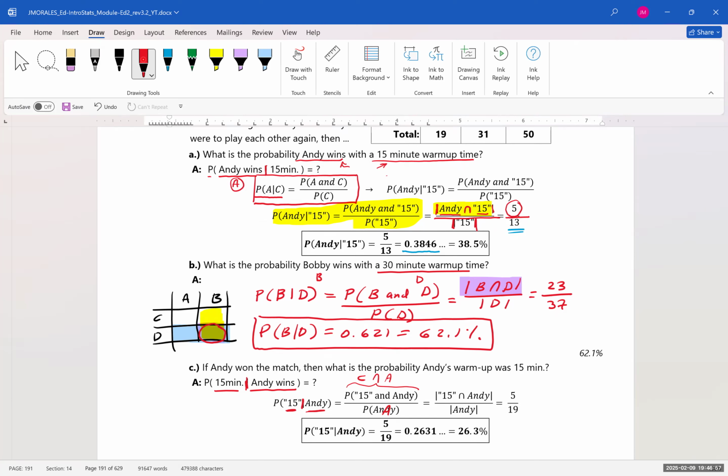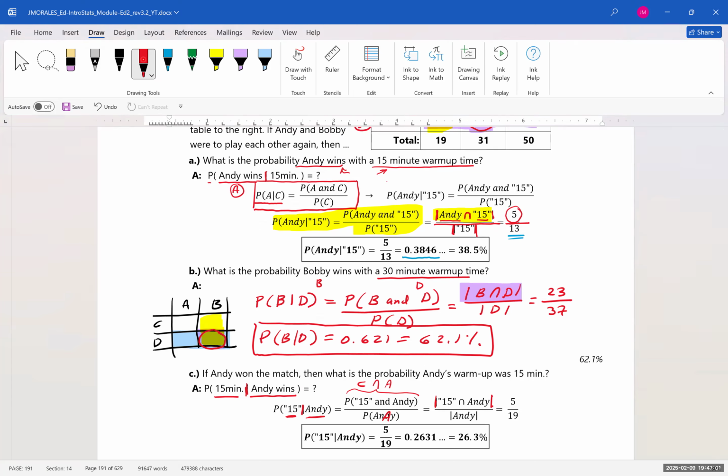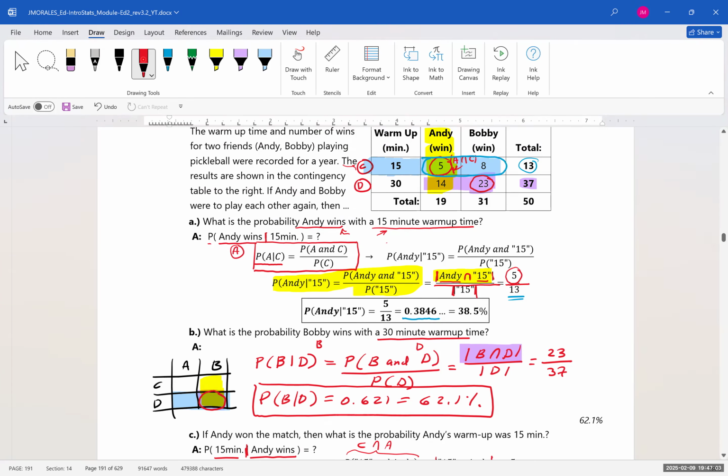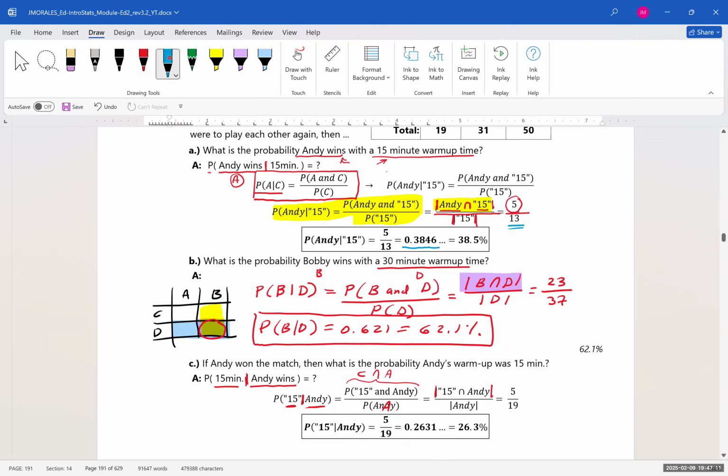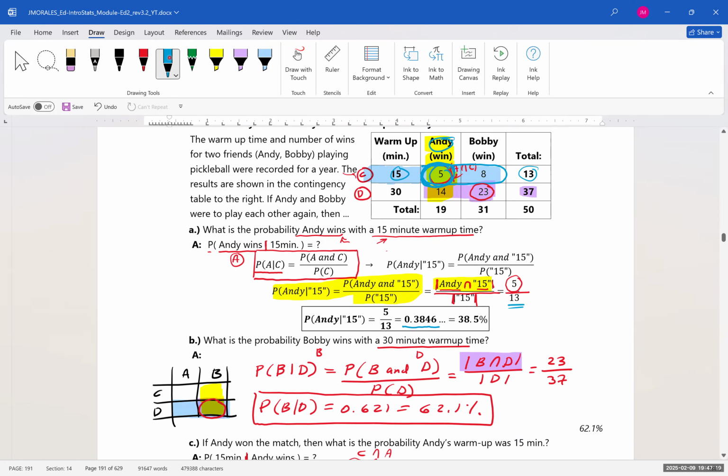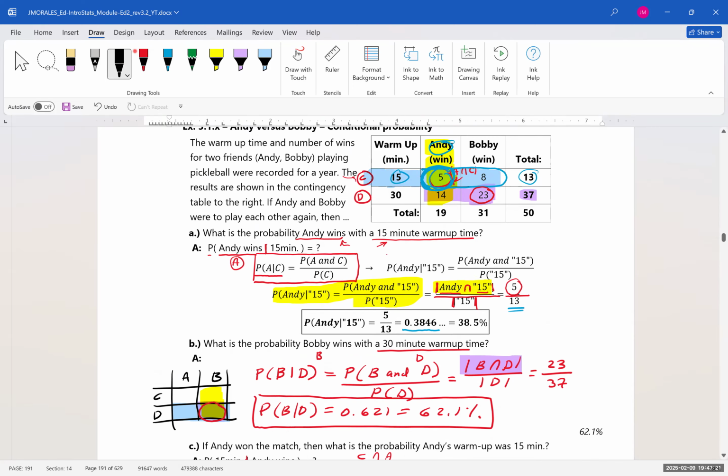And so we've got the order of 15 intersect Andy, where those two intersect, Andy and 15 minutes, is right here at 5. So that's where this 5 comes from. And then the order of event A, or Andy, is going to be everything here in this Andy column.